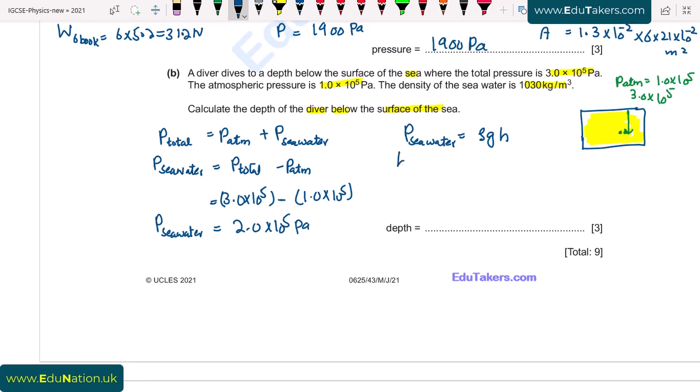So we have to calculate h. It comes to be P over rho g, where P is sea water pressure. It comes to be 2.0 into 10 to the power 5 divided by density 1030 multiplied by the acceleration due to gravity 10 meter per second square. So the depth comes to be 19 meters. I write here depth is equal to 19 meter.